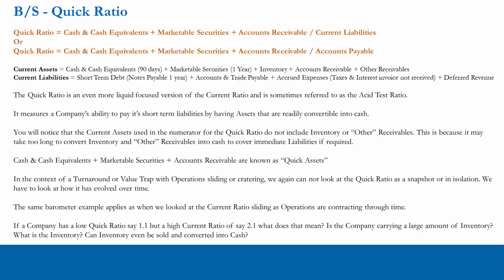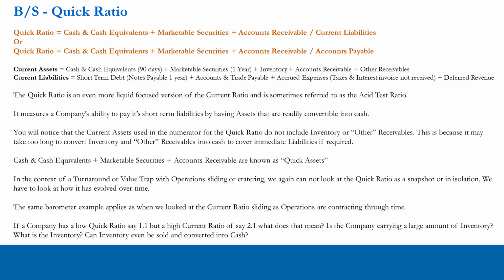So in the context of analyzing whether something could be a turnaround story or a value trap, where we have a backdrop of operations that have been sliding or cratering in the past, we again do not look at the quick ratio as a snapshot or in isolation. We have to look at how it has evolved over time.